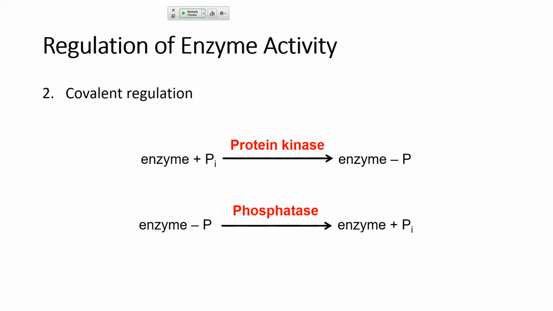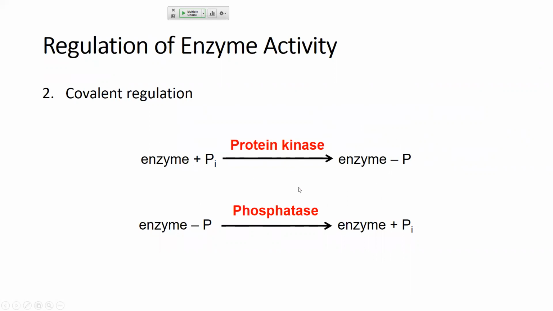I'll say that again. We had an enzyme here. Protein kinase is going to form a covalent bond between the regulated enzyme and a phosphate group, and what we end up with is this enzyme-phosphate complex. It's phosphorylated here.